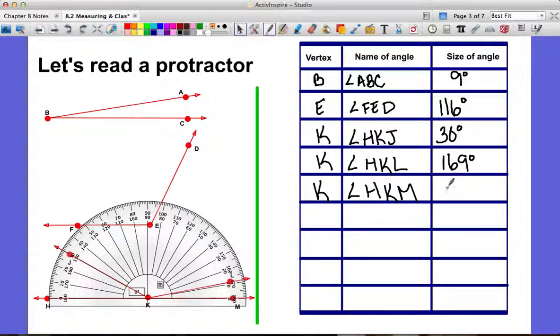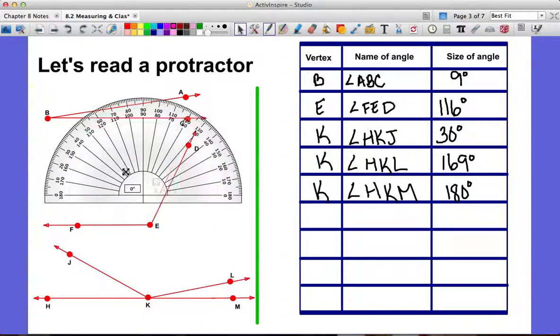So this angle is 180 degrees. And because there's no other points that I can get to starting at H, I can now move on to J.